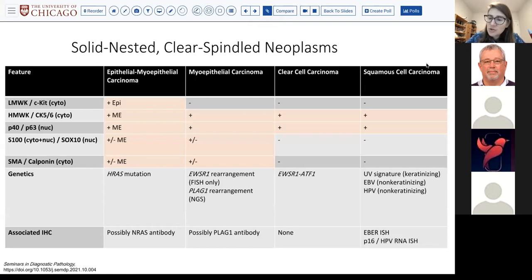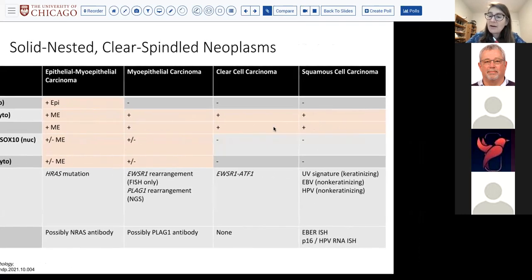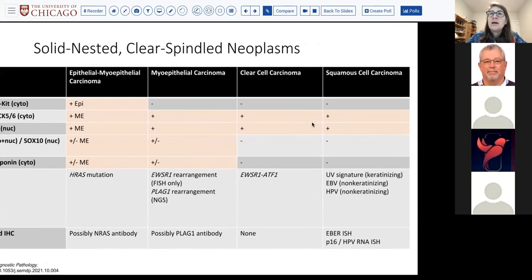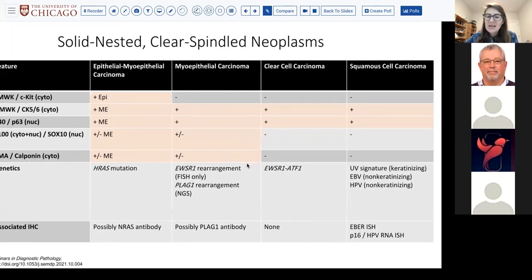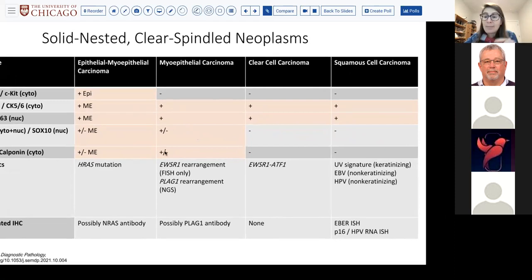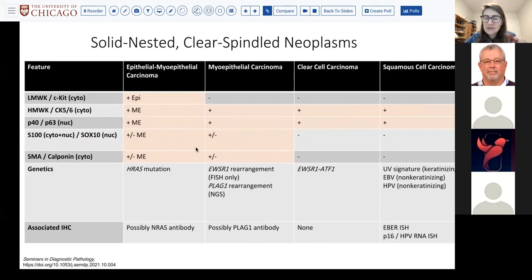We haven't gotten into the non-squamous types of carcinomas like clear cell carcinoma of salivary gland, for example. I will caution, if you have a carcinoma that is diffusely strongly P63 and high molecular weight keratin positive, like we talked about, that's maybe not a mucoepidermoid, that doesn't have any duct-like structures, so isn't an epimyoepithelial carcinoma, that doesn't express any of the myoepithelial markers like SMA, S100 that you might see in a myoepithelial carcinoma.